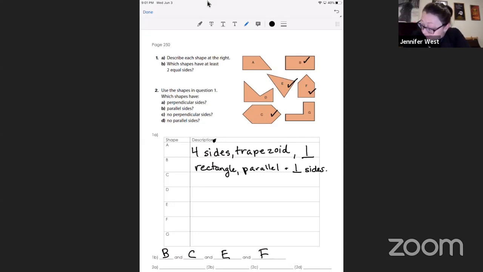C is 1, 2, 3, 4, 5, 6. It's a hexagon. Six equal sides. And then D, 1, 2, 3, 4, 5. It's an irregular polygon.